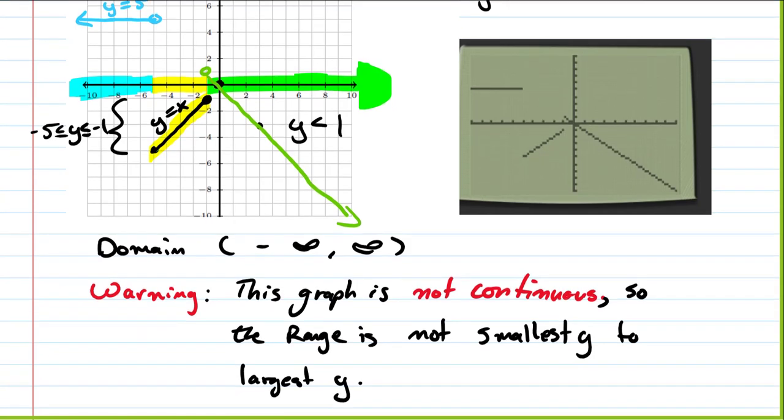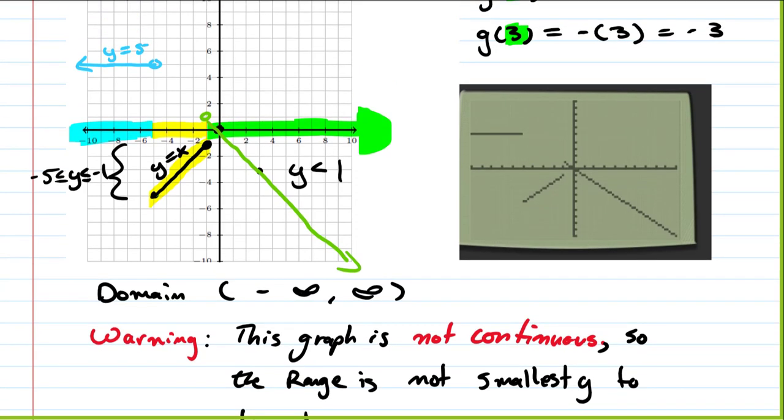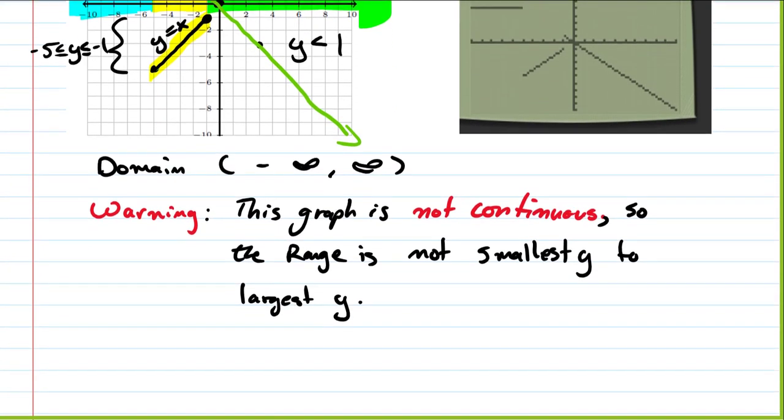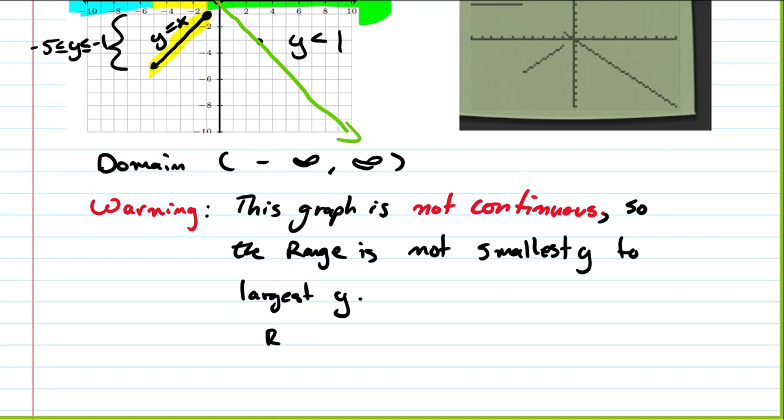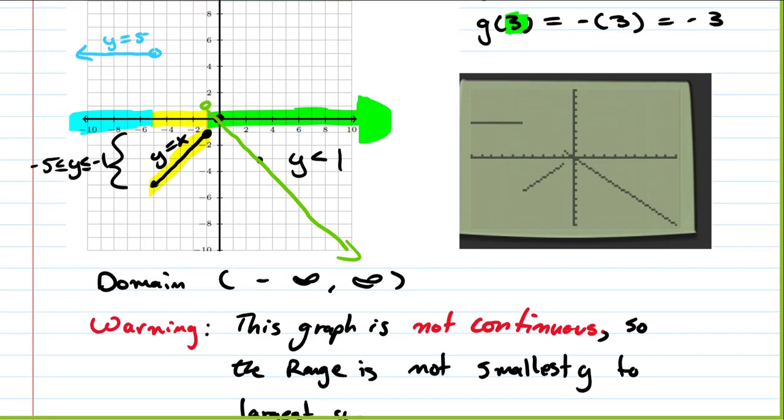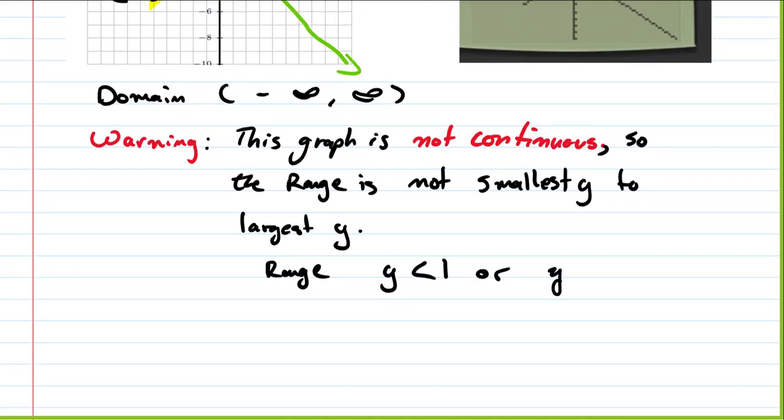So if we look at where these ones, negative 5 is less than or equal to y is less than or equal to 1, fits into this one. So we're going to have y is less than 1, but then we have this part that doesn't fit. So our range is y is less than 1, not the or equal to, or y equals 5.